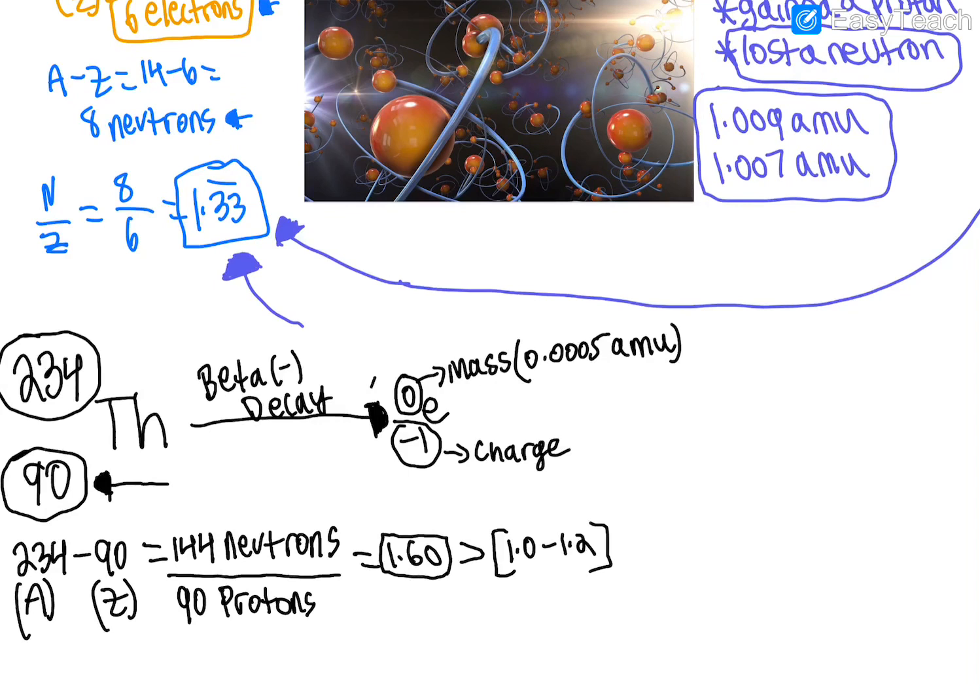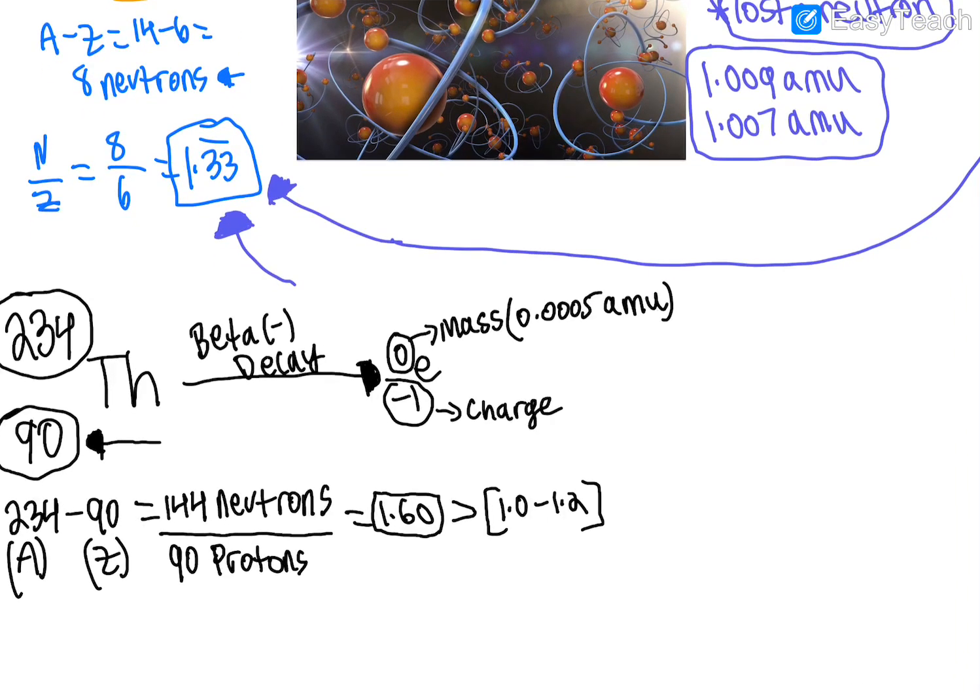All right, so what's going to happen now? We saw thorium-234, a neutron ejected an electron, and as we said before, when that happens, that neutron is going to turn into a proton. So what we're going to see here is an atom that we don't know yet, which will have 91 protons now, because we just gained a proton from the neutron ejecting an electron.